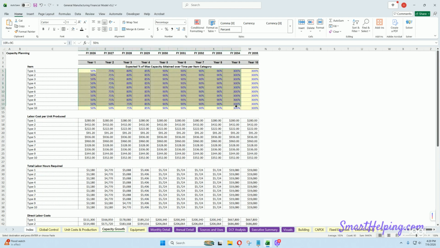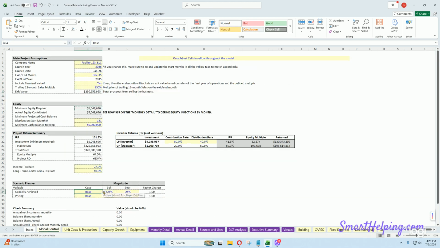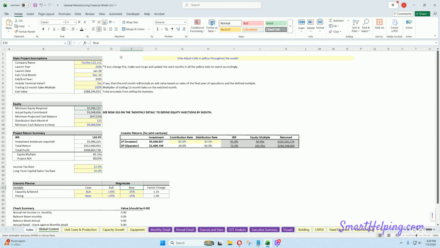Anyway, you can adjust this by simply choosing bear case, base, and bull. Then you adjust up or down 25%, or whatever percent you want to put in here, negative for bear, positive for bull. On the project level, our IRR is 124%.